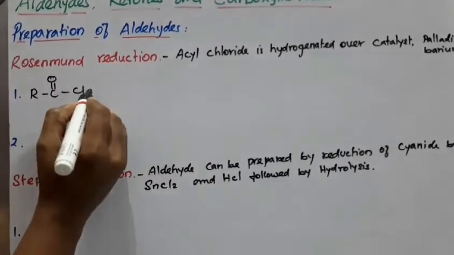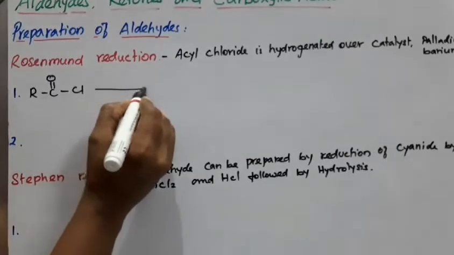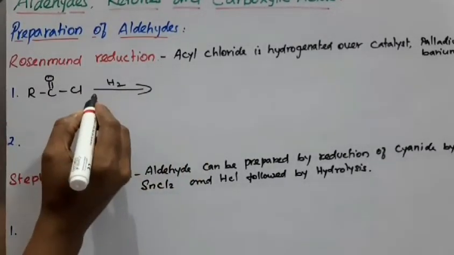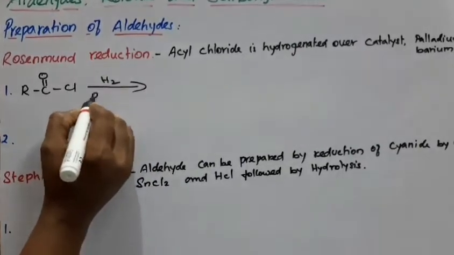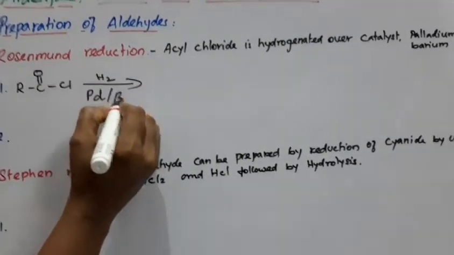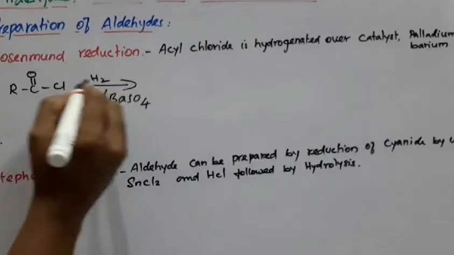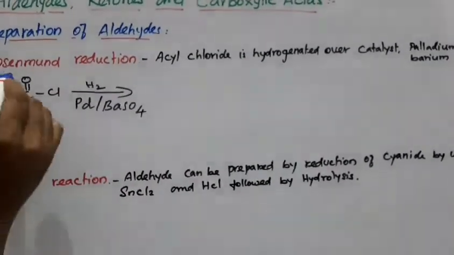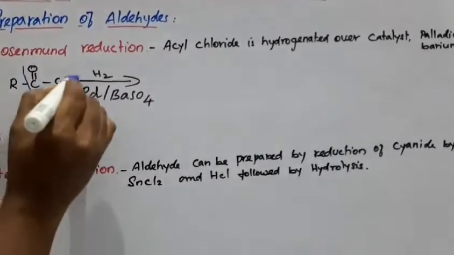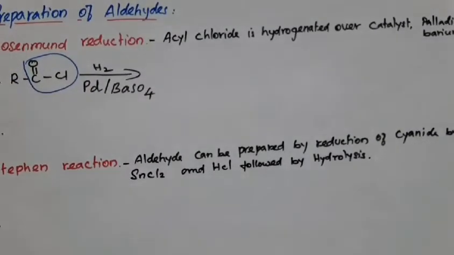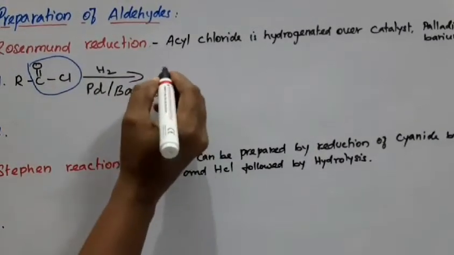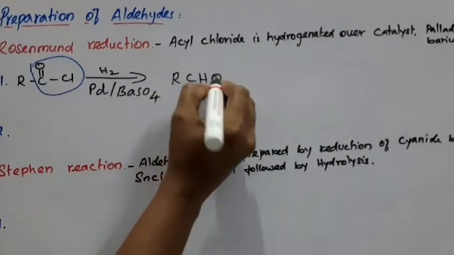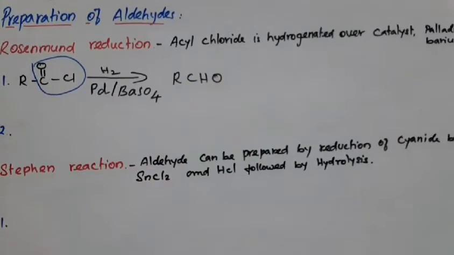This alkyl acyl chloride is hydrogenated in the presence of palladium and barium sulfate. Students, you see here the acyl chloride is completely converted by the hydrogenation reaction to produce aldehyde, RCHO.